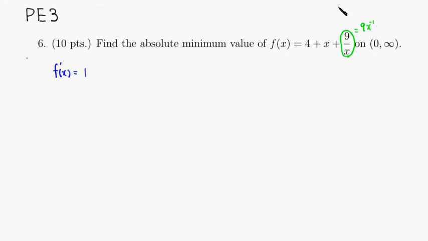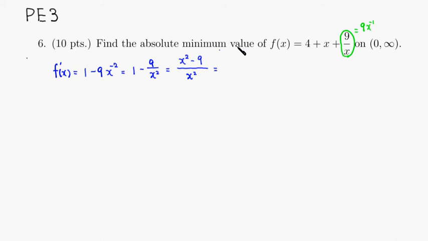Put negative 1 in front, so it's negative 9, then subtract 1 from the power, so it's x to the negative 2 power. I can rewrite it as 1 minus 9 over x squared, and taking the common denominator, x squared minus 9 over x squared.